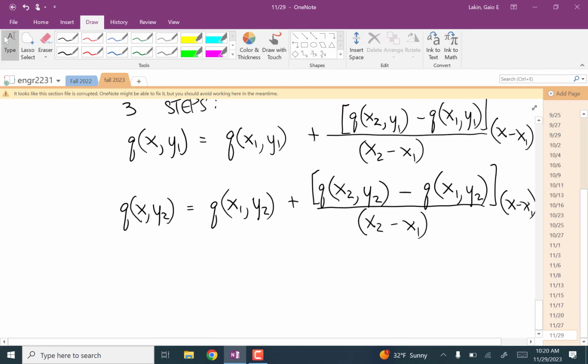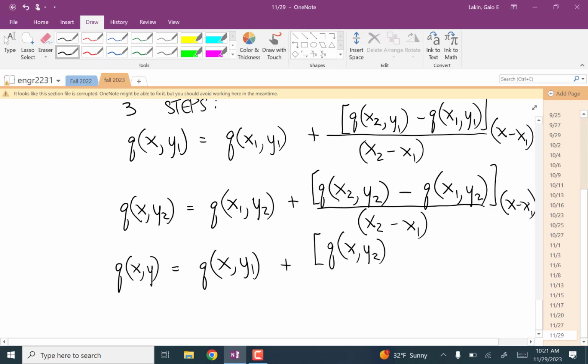And then finally, we'll do it with the y. So q at x, y is equal to q of x, y1 plus q of x, y2 minus q of x, y1, divided by y2 minus y1, times y minus y1.